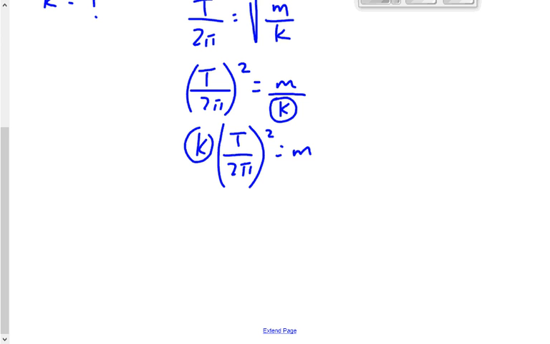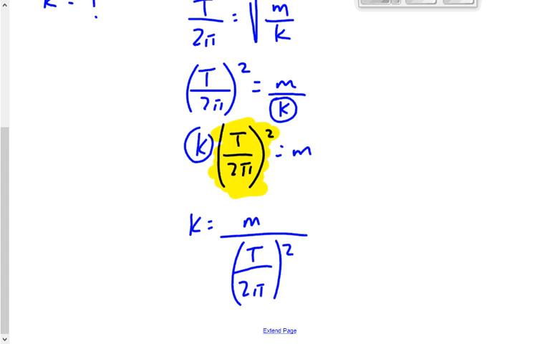Want to solve for k? This is one whole term that's multiplied by k. How do you take that one whole term over to the other side? Multiplied by k, take it over by dividing. K equals m over T over 2 pi squared.